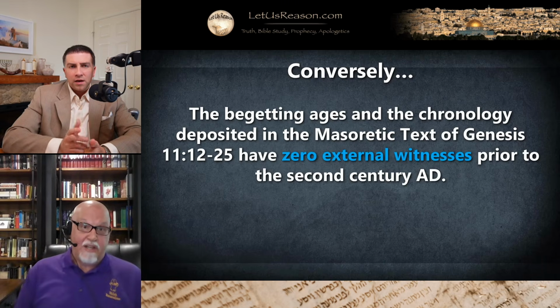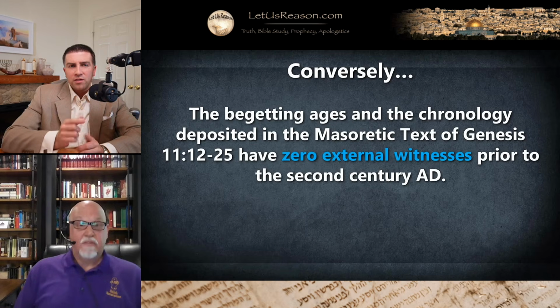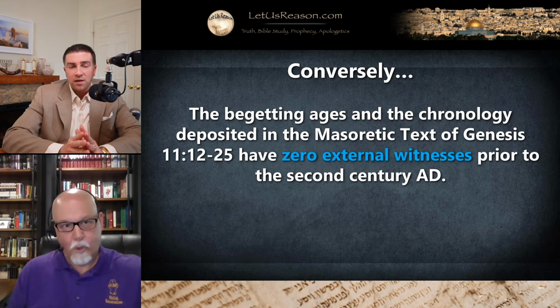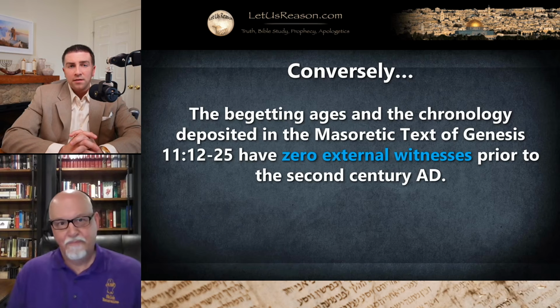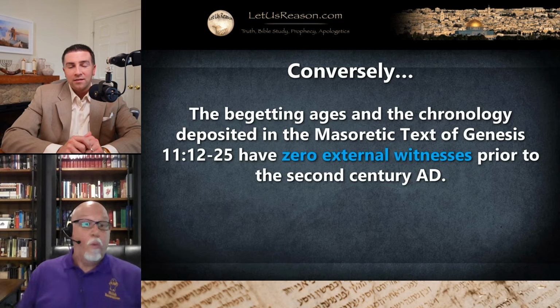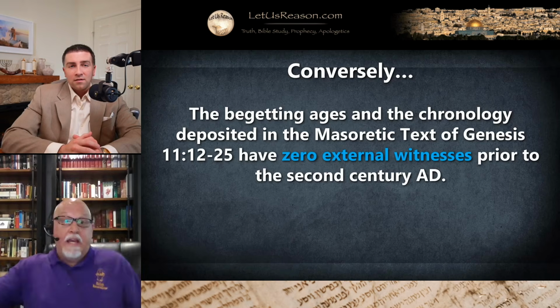Now, some people might say, I think I brought this up before, but do the Dead Sea Scrolls not help us in any way in this search to understand what was the original? They don't preserve Genesis 11 or Genesis 5. If that was discovered one day, that would be like a cinch.